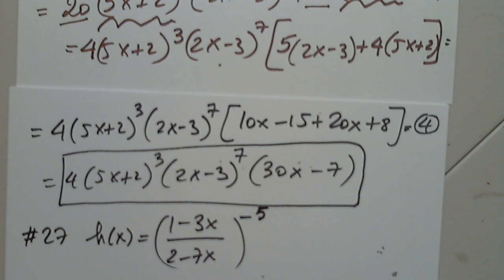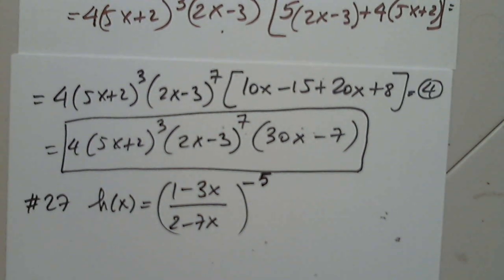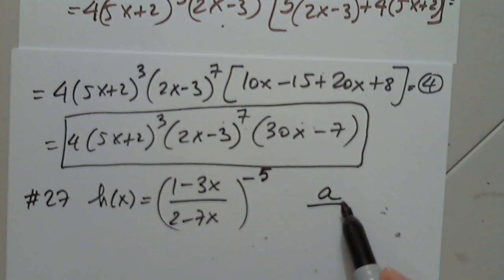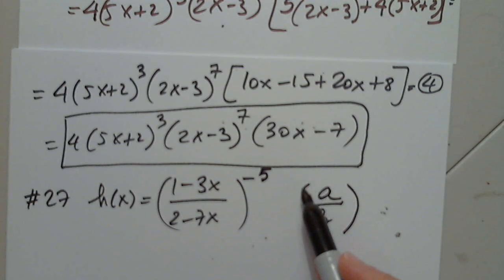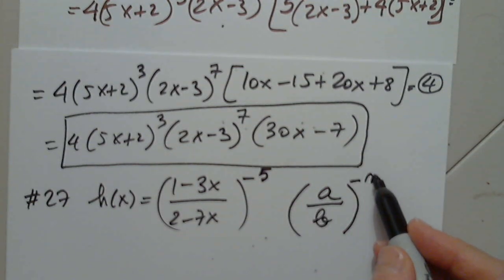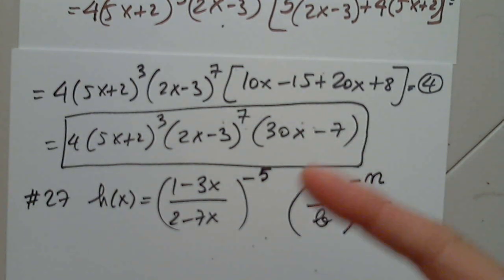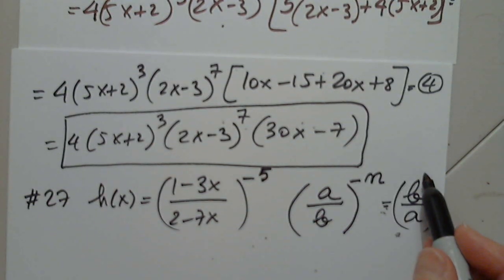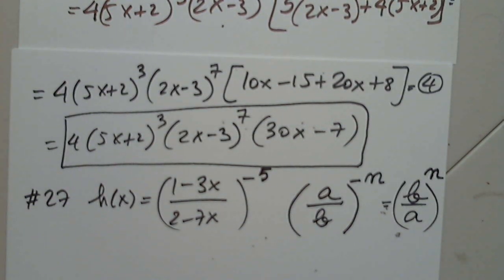Perfect pick. Well, when I look at this problem, I need to remember that a over b to power negative n is the same thing as b over a to power positive n.